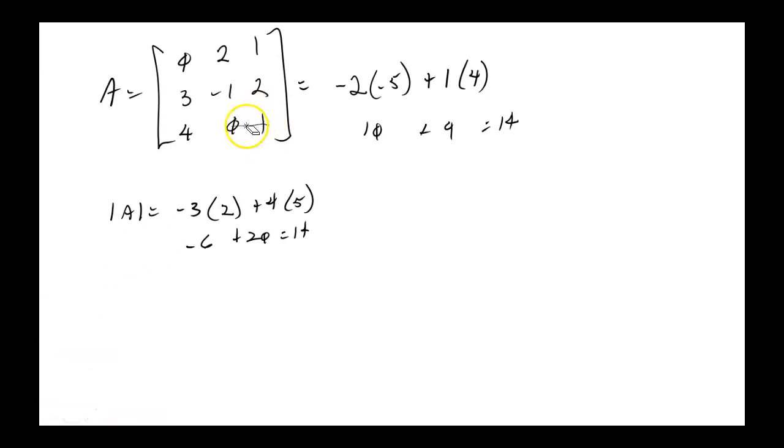This time, just to keep up with the book, though I may be choosing different ones, I'm going to use the second column, okay? Because that has a 0 in it. So the determinant of A, using the second column, would be, you start here, that 2 is in the negative position, so that would be a minus 2 times the determinant of the matrix that's left, 3 minus 8 is negative 5, okay?